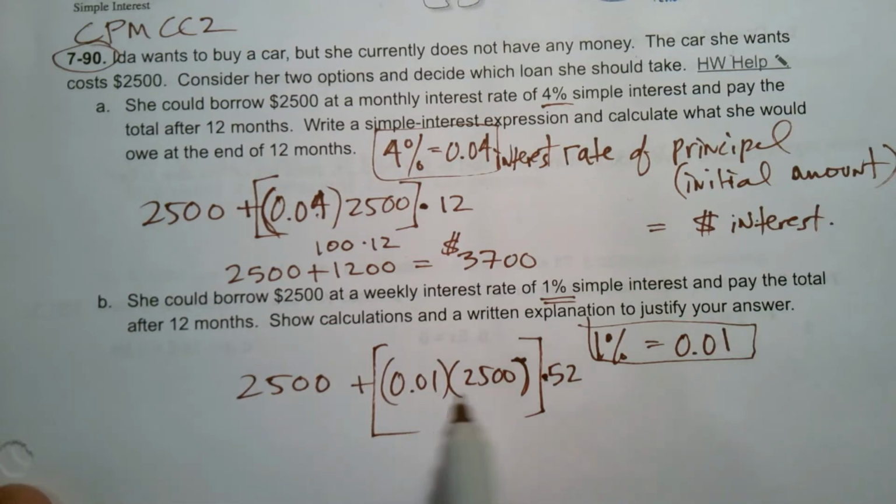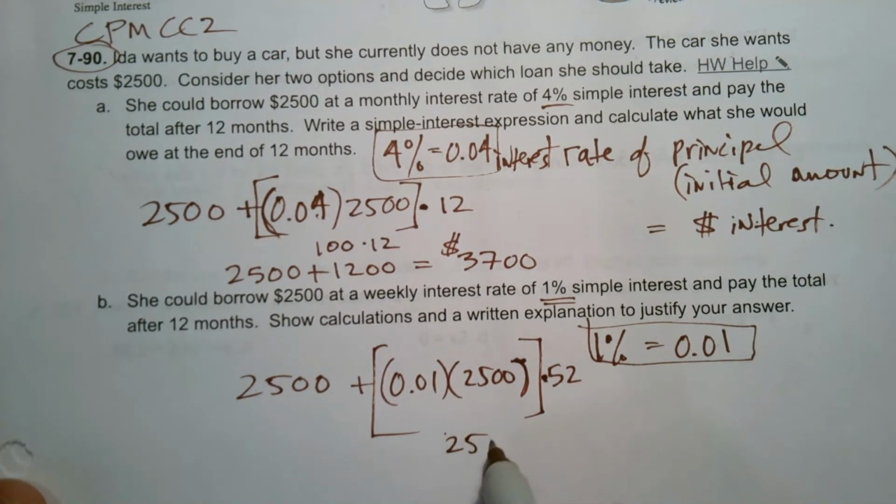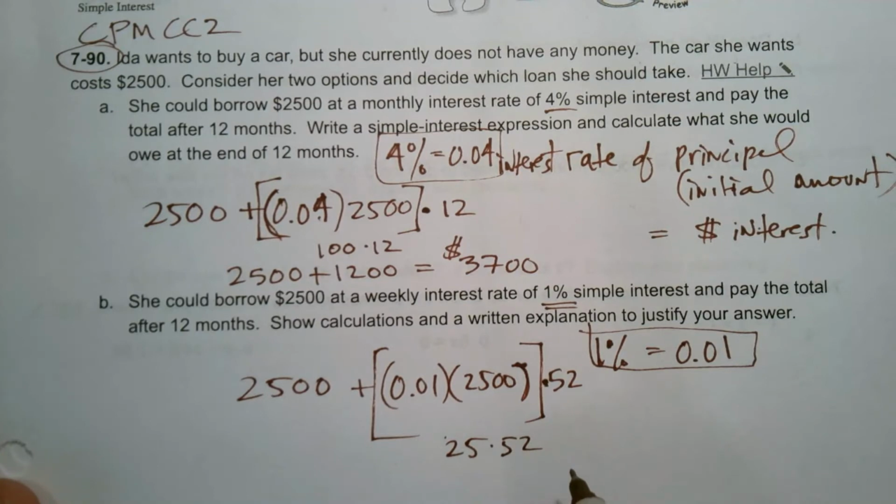So let's do the math here. 1% of 2,500 is 25, so it's $25, but $25 every week. So 25 times 52. Let me make sure I'm doing this right.